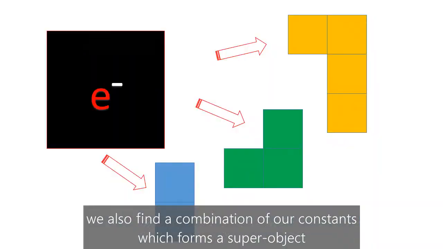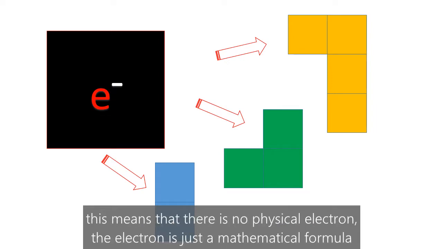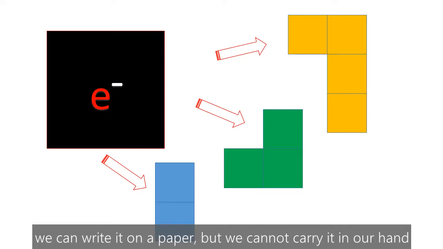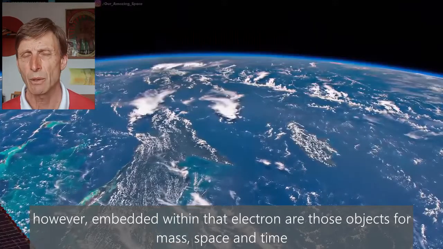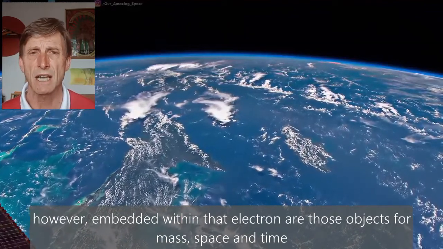We also find a combination of our constants which forms a superobject, and upon study we see that this superobject is actually the electron itself. This means that there is no physical electron. The electron is just a mathematical formula. We can write it on a paper, but we cannot carry it in our hand. However, embedded within that electron are those objects for mass, space, and time.